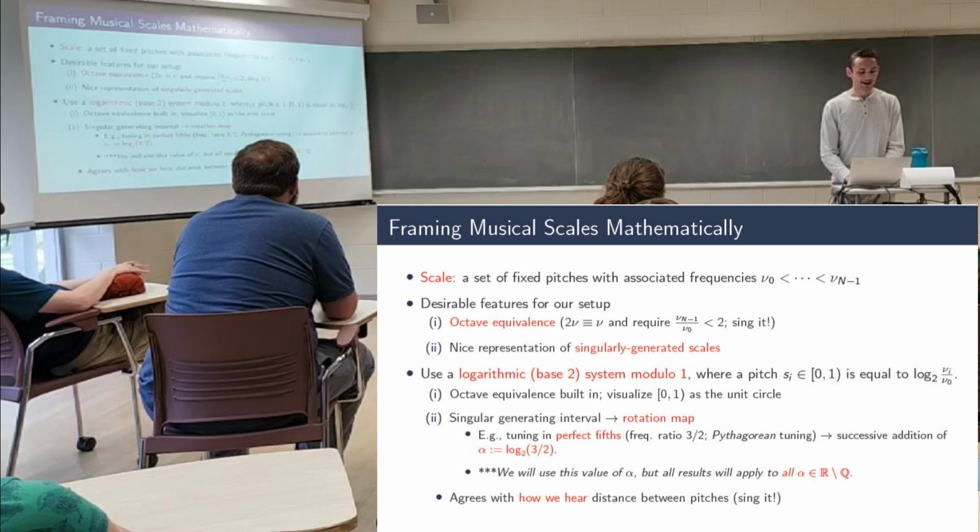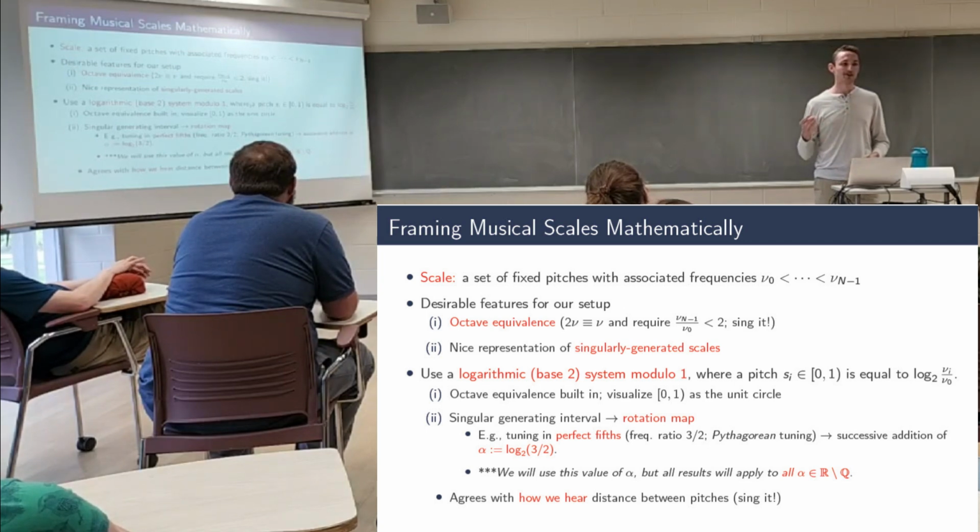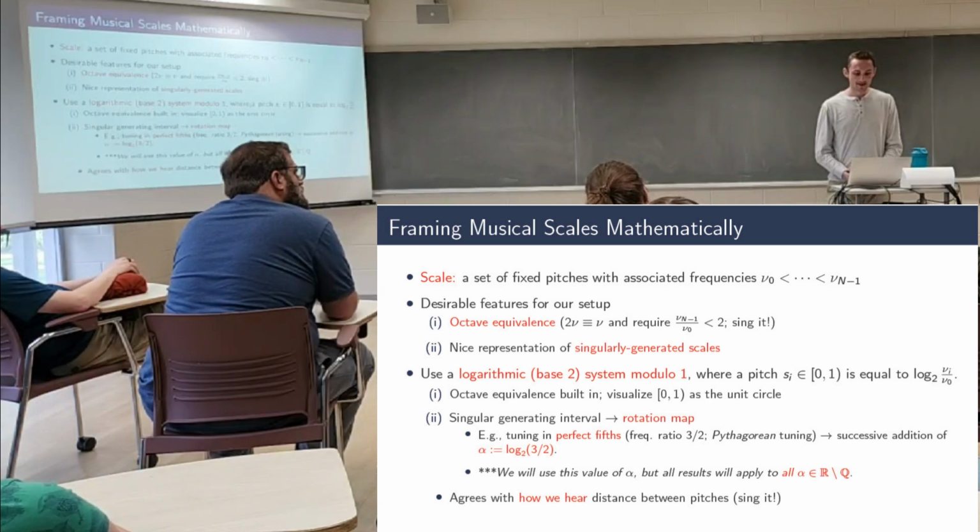The second one is that we want a nice way to represent what we call singly generated scales, which are scales you make by choosing an initial frequency, for example, 200 hertz, and then you keep on multiplying by the same frequency ratio, such as 3/2.